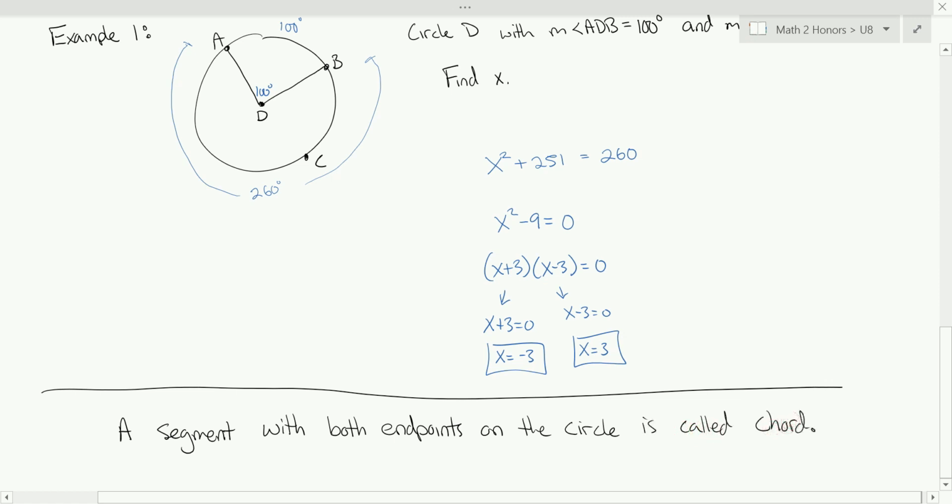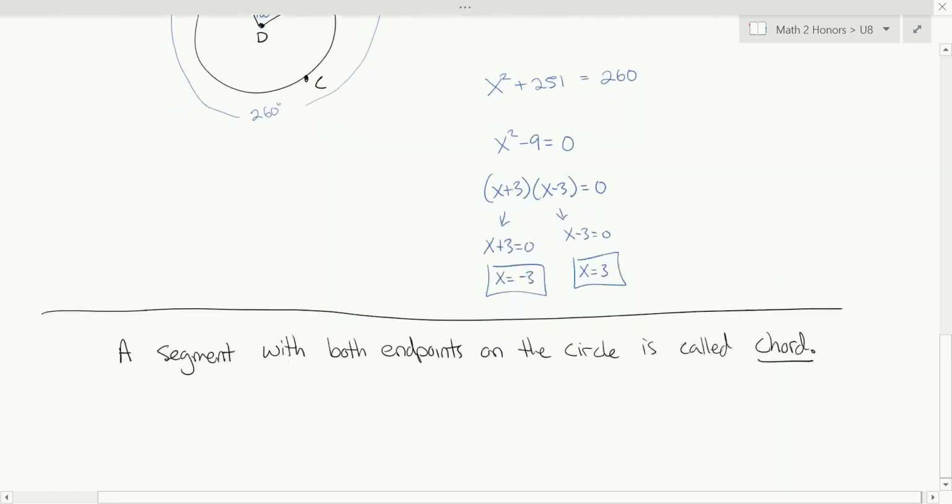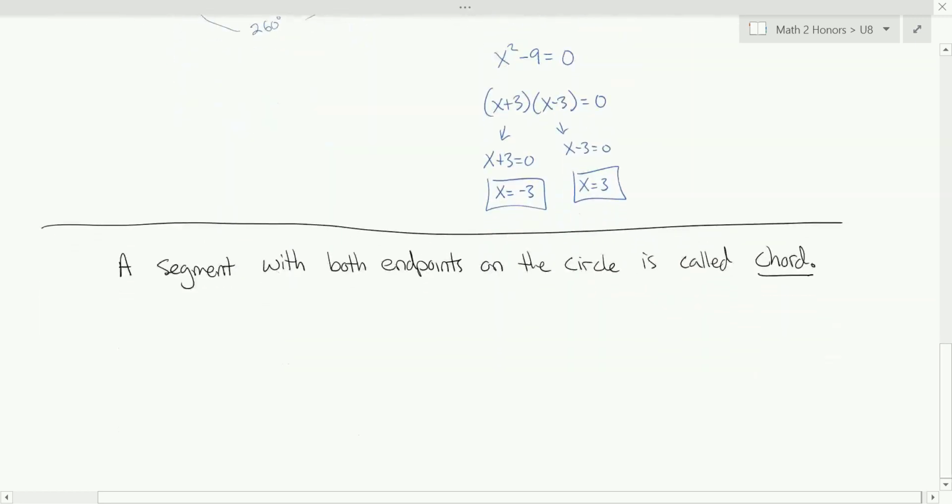C-H-O-R-D. Okay, so that's what we mean by a chord. It's a segment that has both endpoints on the circle. When we say on the circle, it means on the circumference of the circle. So a radius is not a chord. The radius has one endpoint in the circle and one on the circle. You need both endpoints on the circle.